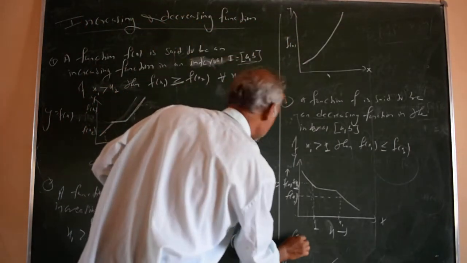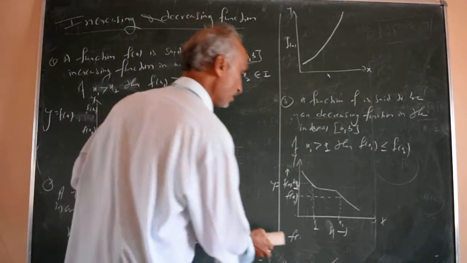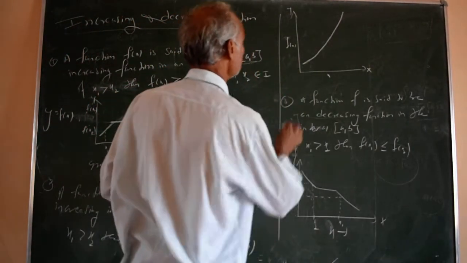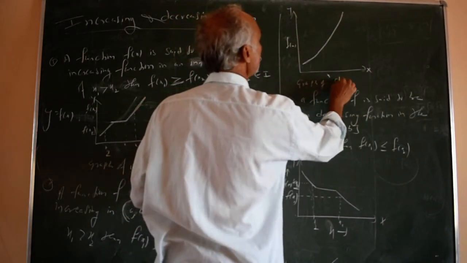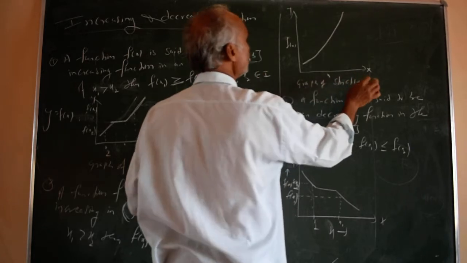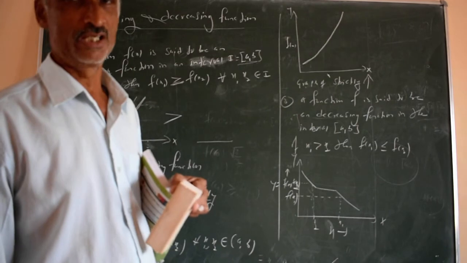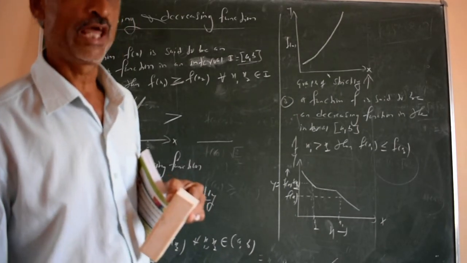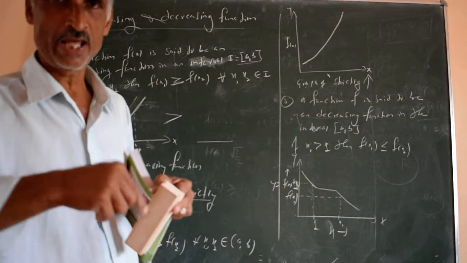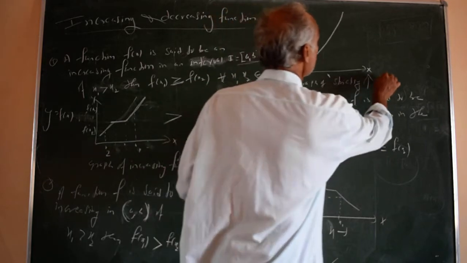This is the graph of an increasing function, this is the graph of a decreasing function. This is the graph of a strictly increasing function. To shorten the writing, I will take the upward arrow mark as increasing and the downward arrow mark as decreasing. So, strictly increasing function.